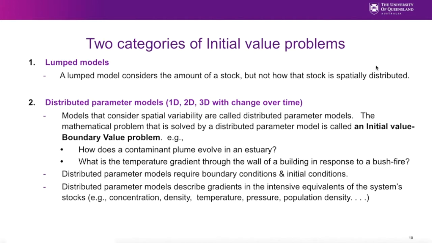So distributed parameter models, which are the rest of the models in 1, 2 and 3 dimensions, which change over time, are also called models that have an initial boundary value problem. So this is something that now may be clear to you, because now we not only need to define the initial value, but we also need to define the boundaries on each dimension. Okay.